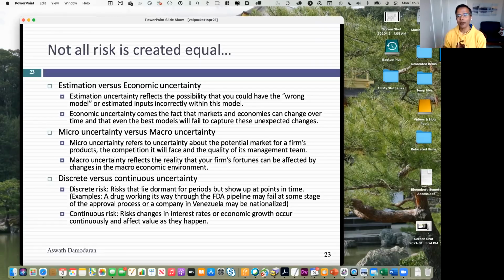So let's say you're valuing Airbnb. What's estimation uncertainty? It's not knowing what the size of the hotel market is. But after you've done all of that homework, do you think uncertainty is going to go away? Of course not. 90% of the uncertainty you face in valuation is economic uncertainty. What I'm trying to prepare you for is something that will frustrate you, which is those of you who are numbers-oriented, quantitative people.